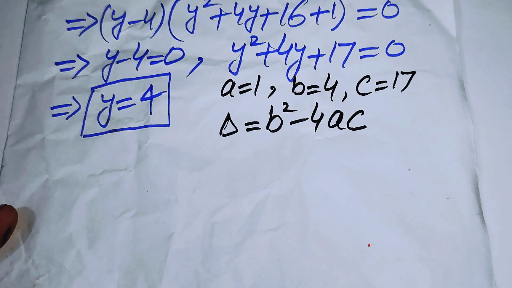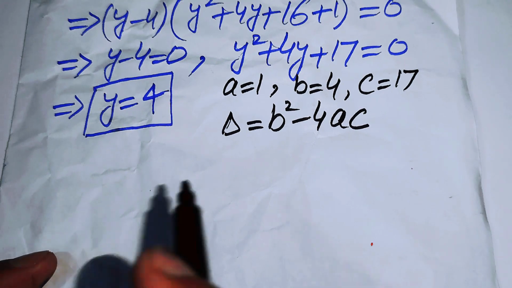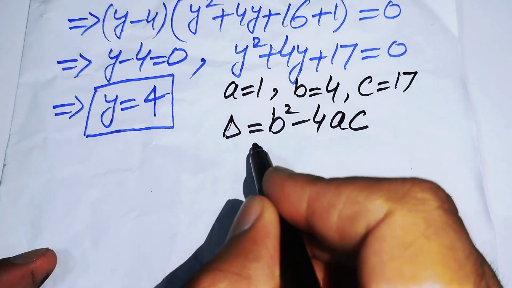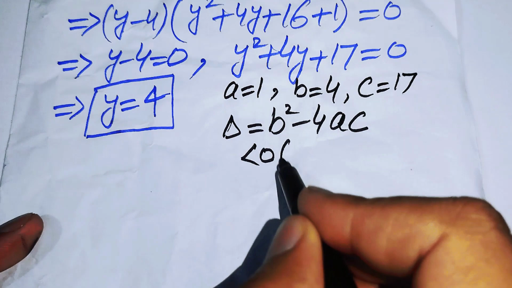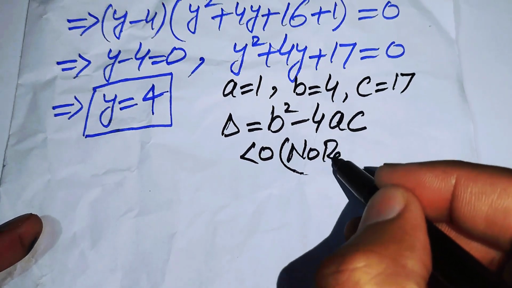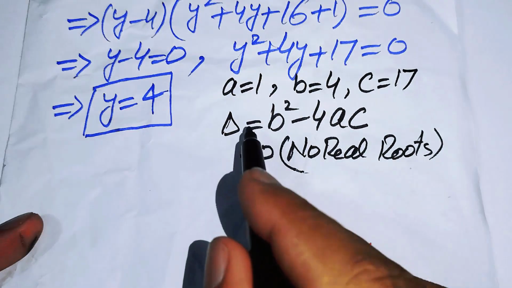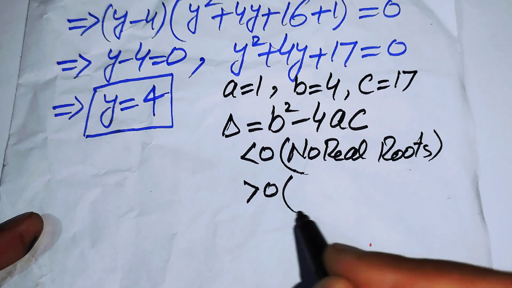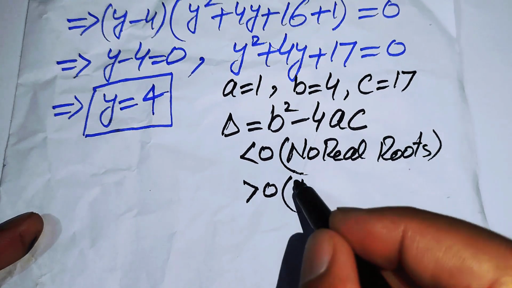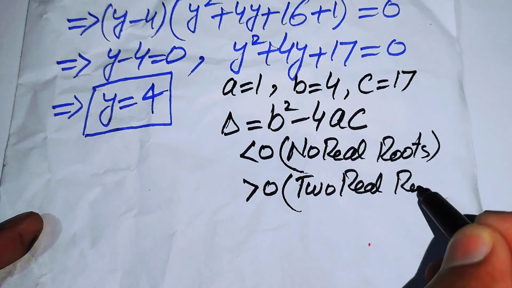Now I will explain a little bit about this discriminant formula. If this delta is less than 0, then we can say that this quadratic equation has no real root. Or if this delta is greater than 0, then we say that this quadratic equation has two real roots.